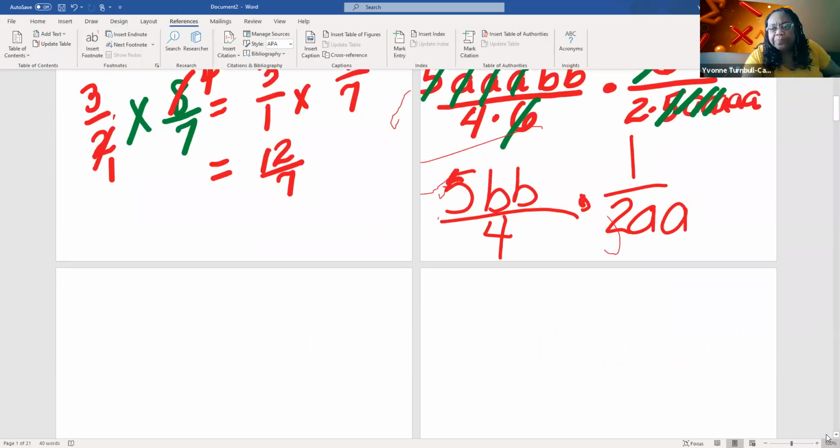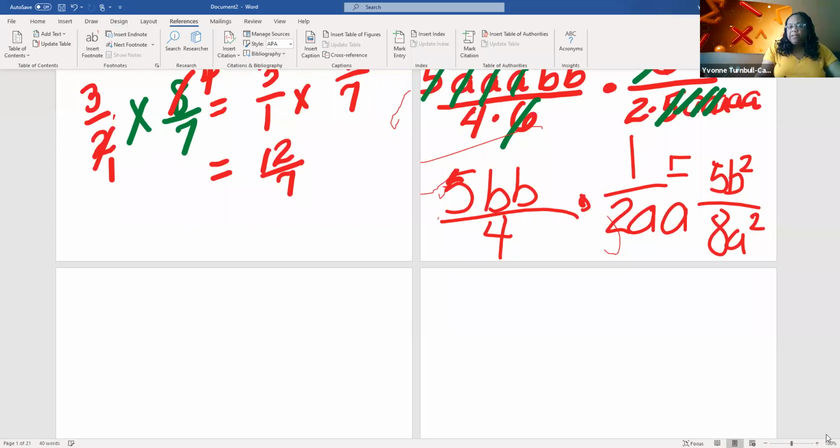So it's going to be 5b squared in my numerator and 8a squared in my denominator. That's my final answer.